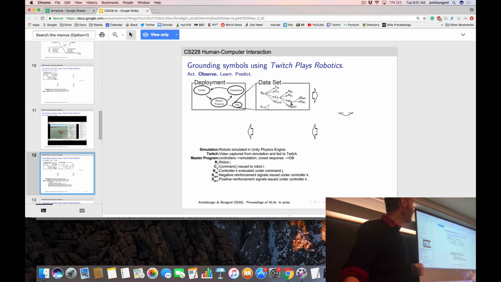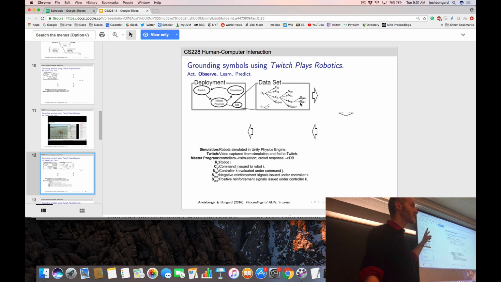So for each one of these actions or controllers, we collect how many no votes it got, which is, for our purposes, S sub 0 here, and how many thumbs up that action got, S sub 1. So far, so good? So that's the data set.